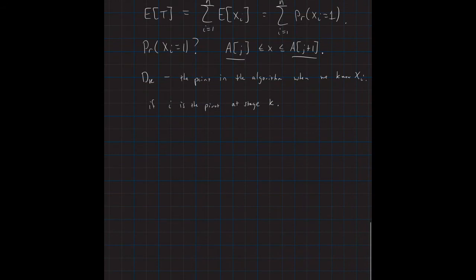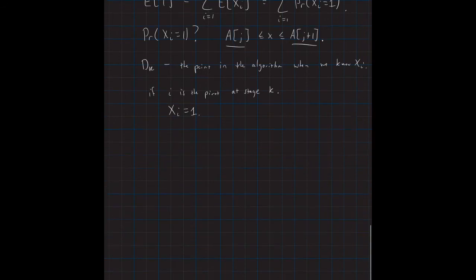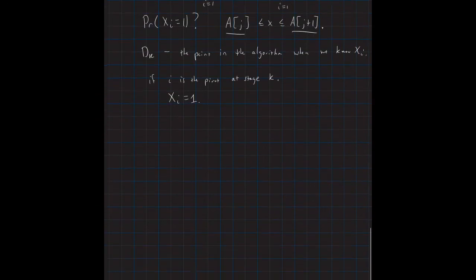At stage k, we've chosen i as the pivot, and so we know for sure that xi will be 1 because we directly compare it to x. On the other hand, if we know for sure it's determined at stage k, but it wasn't the pivot, then it must be the case that it was going to be ruled out.